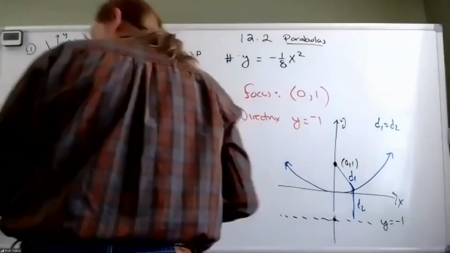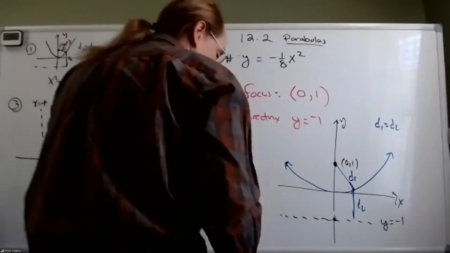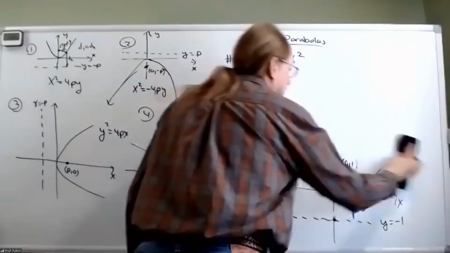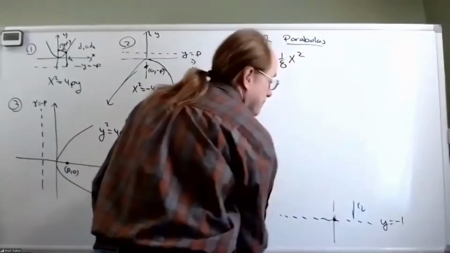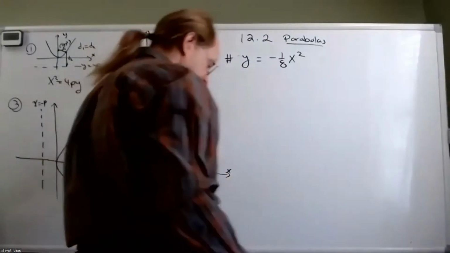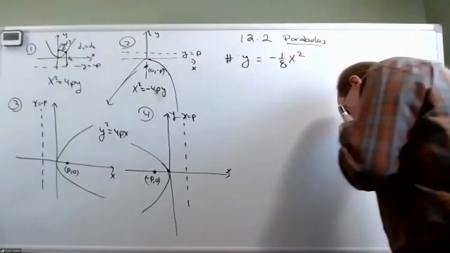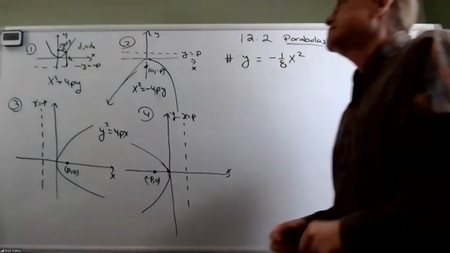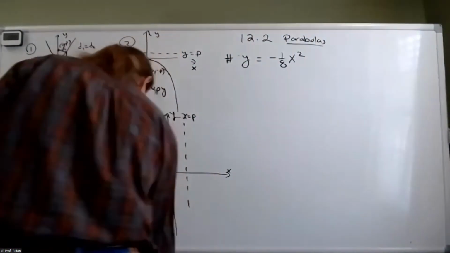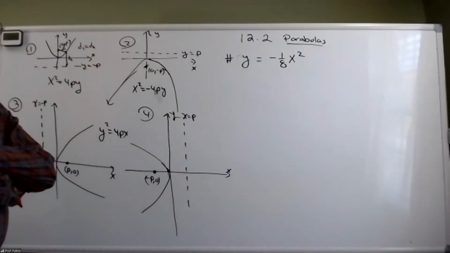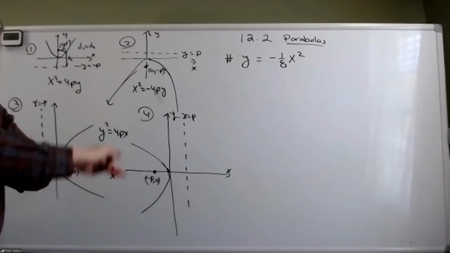Carry through and do the same thing to that. Now you see the parabola is going to be opening downward, different sides.